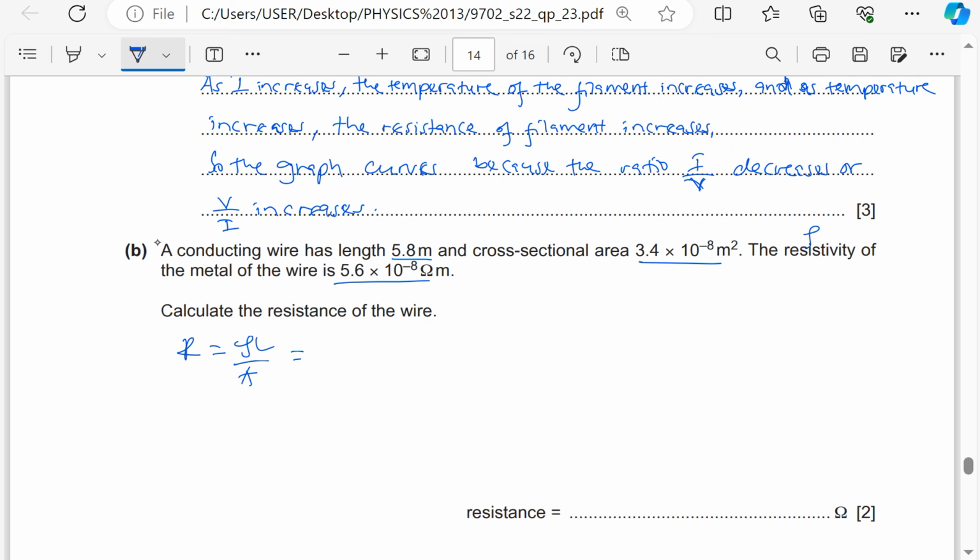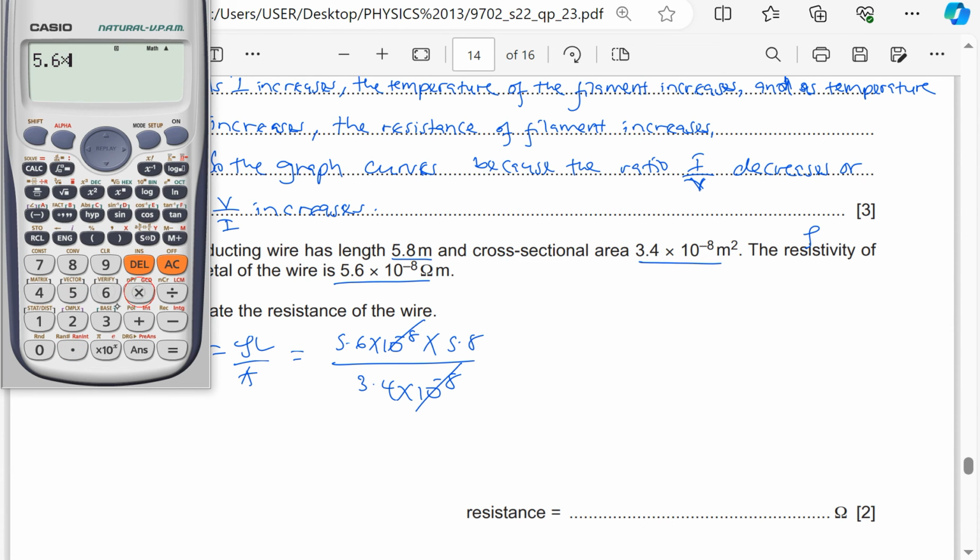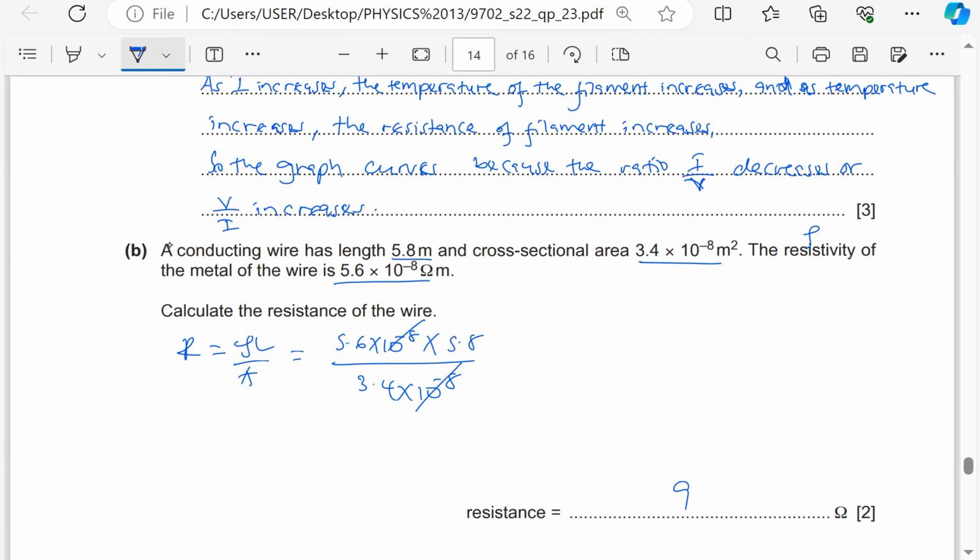They gave us rho as 5.6 times 10 to the power of minus 8, L as 5.8, and the area as 3.4 times 10 to the power of minus 8. I'll just cross out the 10 to the power of minus 8. I'll say 5.6 times 5.8 divided by 3.4, which gives me 9.6 ohms. So this is going to be the resistance.